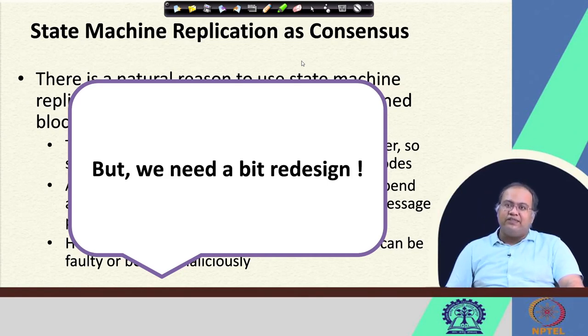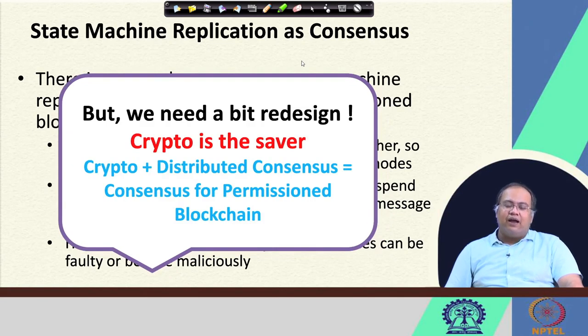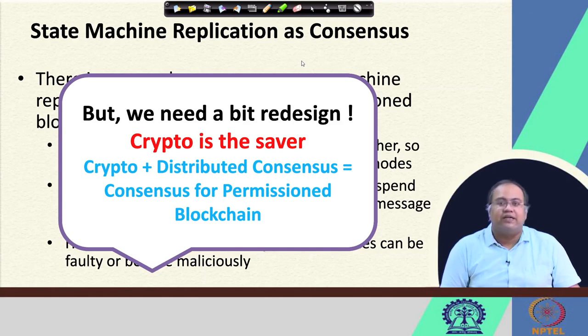And we will see later on that crypto is the saver here. We can combine the classical distributed consensus algorithm with cryptographic techniques to design consensus algorithms for the permissioned blockchain network. So that is the advantage that we have.